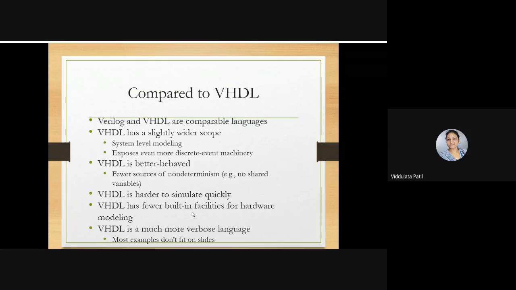VHDL is better behaved, and an advantage of VHDL is that it is not case sensitive, while Verilog is case sensitive. But VHDL is more verbose. That means we need to write complete statements in VHDL. Here if you see, a Verilog program is very simple, with very few statements. So that is the advantage of the Verilog language.